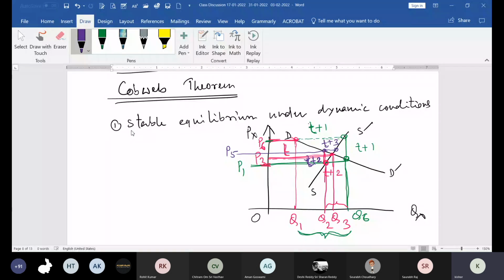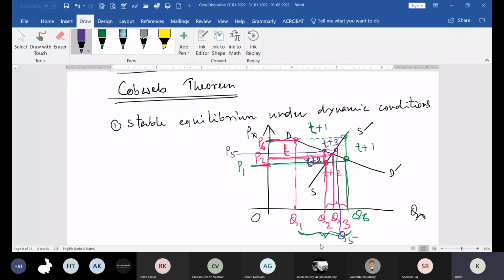Just like T1, it will be repeated. On the next day, T+3 time period, what is happening? Demand is OQ2. Demand will be represented by the demand curve. Supply is, say, OQ5.